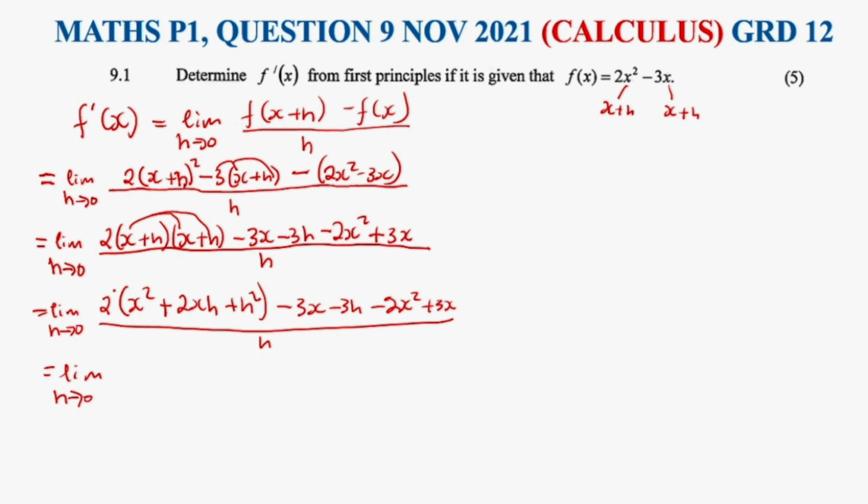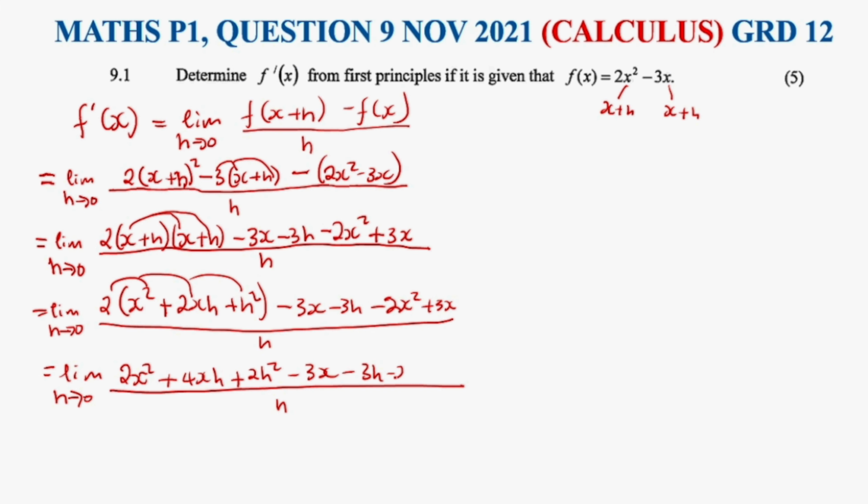Now we're going to multiply everything by 2. Everything is still all over h. So 2x squared, then 2 times 2xh gives us 4xh, plus 2h squared, minus 3x minus 3h, minus 2x squared plus 3x.